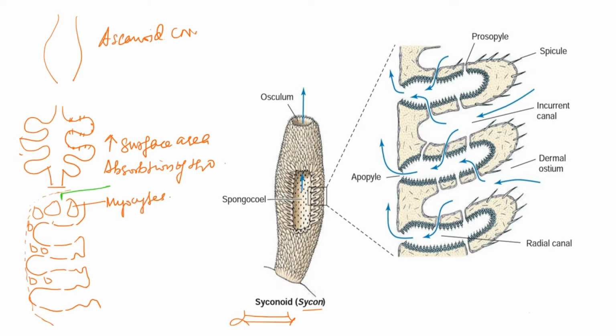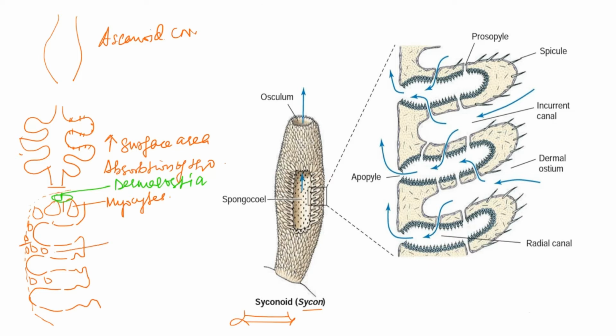So this opening is your dermal ostia, and these dermal ostia lead you into the incurrent canals. Dermal ostia is the passage present in between these myocytes from where water can come in. This dermal ostia will lead you into the incurrent canal.